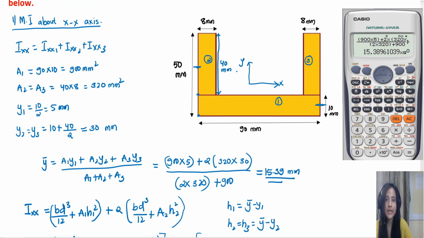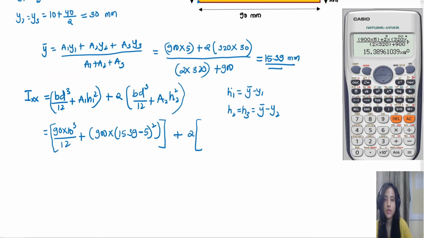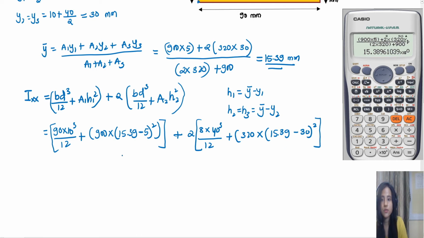It is 8 and depth is 40. So b is 8, depth is 40, cube divided by 12, plus its area was 320 into y bar 15.39 minus y2 and y3, which was 30. So 30 square. So let us find this.